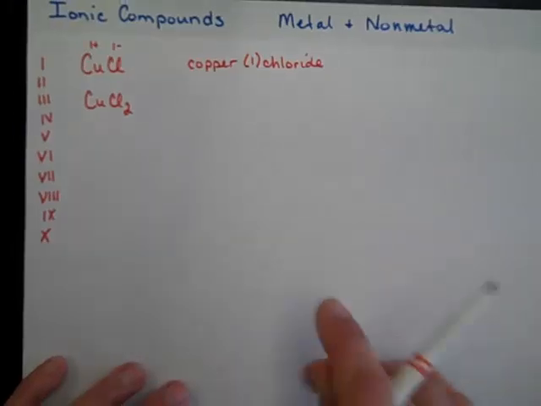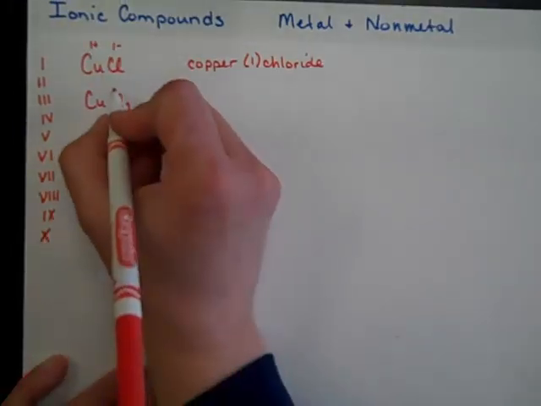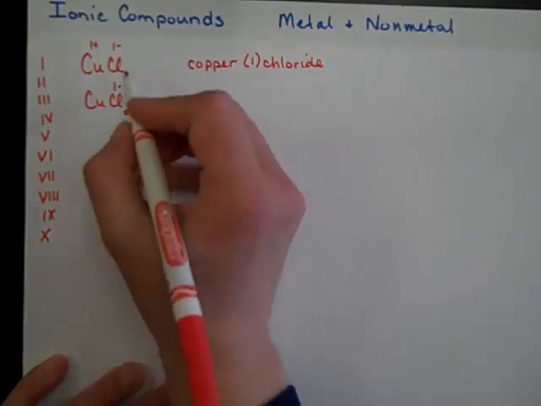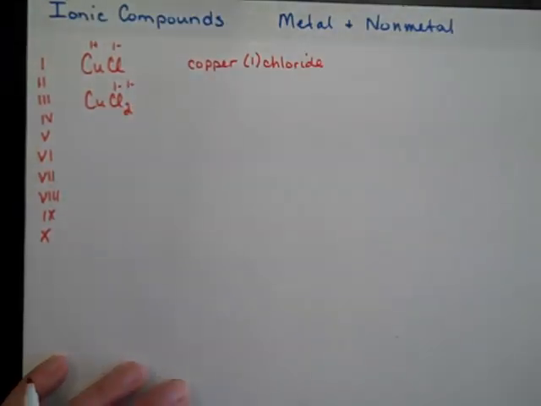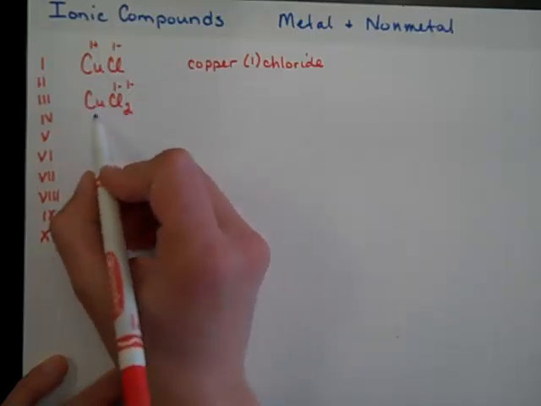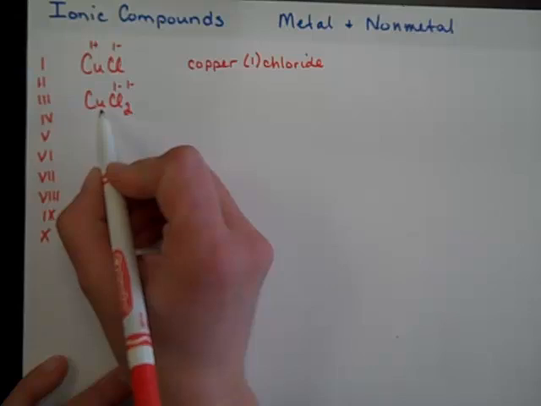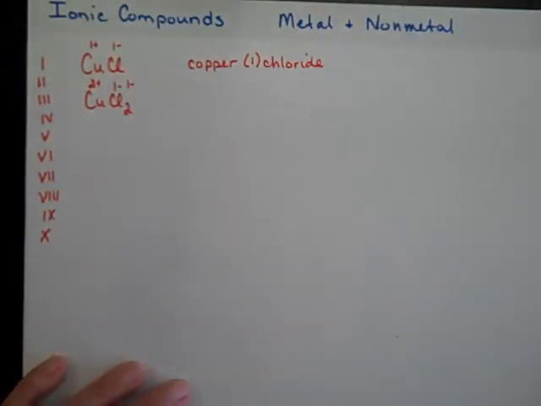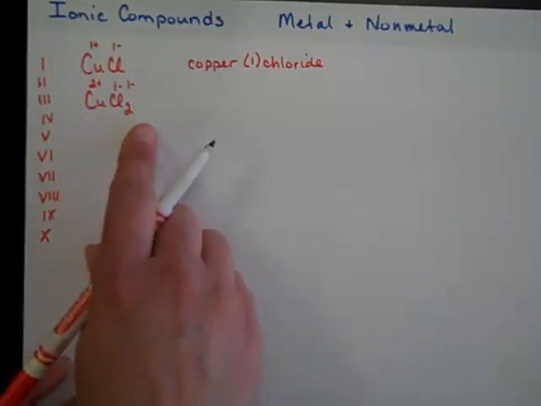Okay? So if we look at this one, chlorine still has a -1. Chlorine's charge does not change, but we have 2 of them. So if we have 2 -1 charges, that must mean that if we have 1 copper, this 1 copper has to have a charge of +2 in order to balance this out.